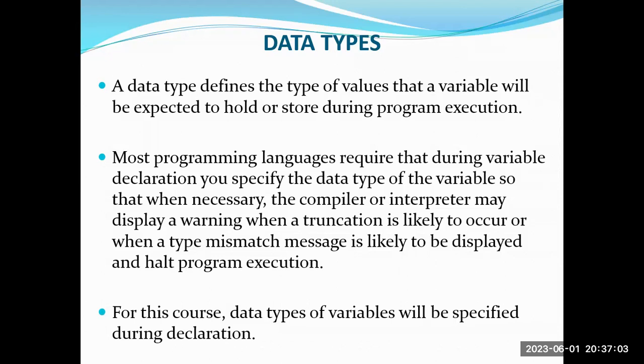Then the last one is true and false data. Inside that location, you can store something which is true or false. It's only two things, true or false, that can be stored there. So these are the three categories: numbers, characters, then true and false.